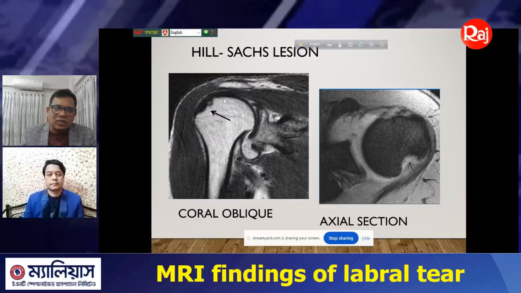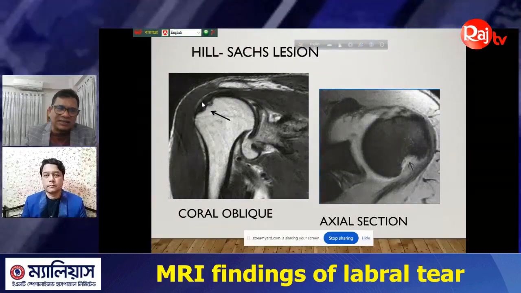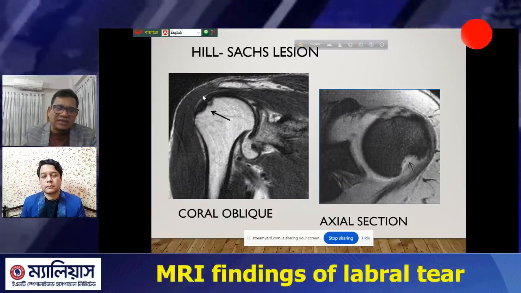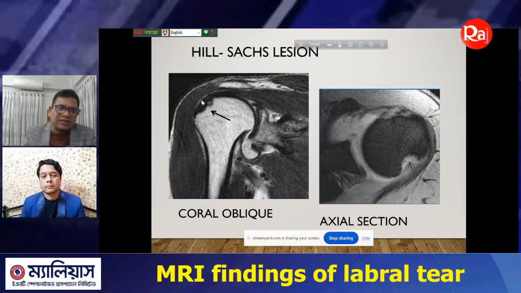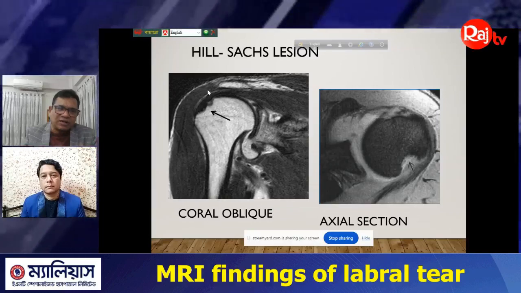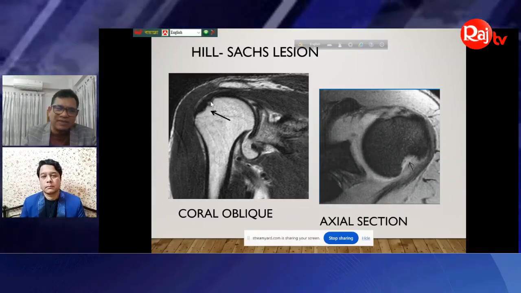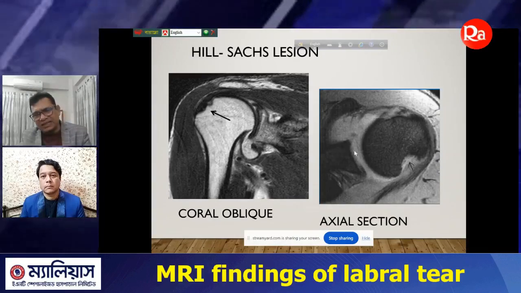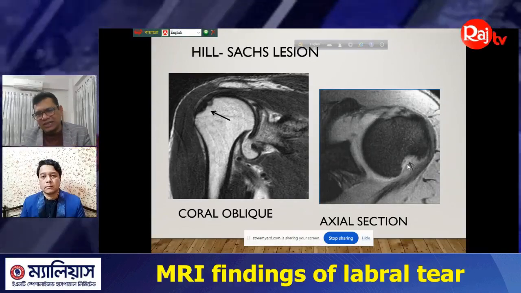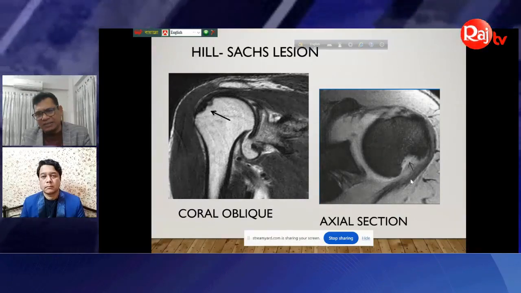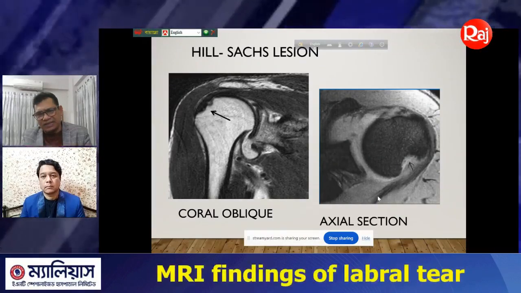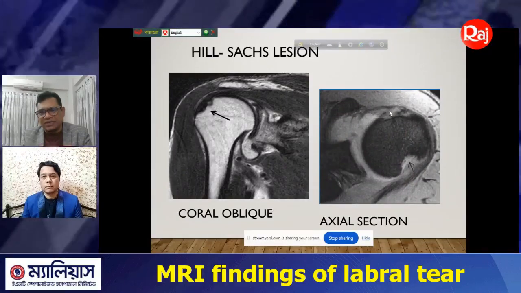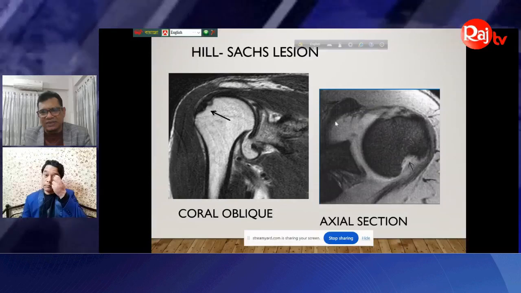In the coronal oblique cut, you can see there is a large Hill-Sachs lesion just below the insertion site of the infraspinatus, or the posterior part of the supraspinatus and infraspinatus. And also, this is an axial cut. We see the Hill-Sachs lesion here because this is the infraspinatus tendon, here is the bicipital groove, and that is the subscapularis tendon.